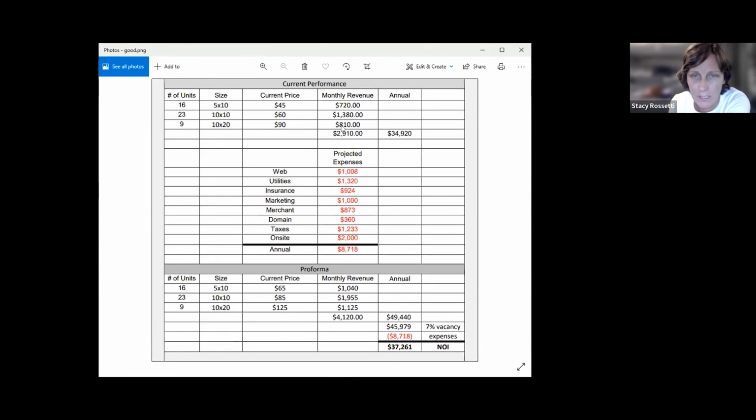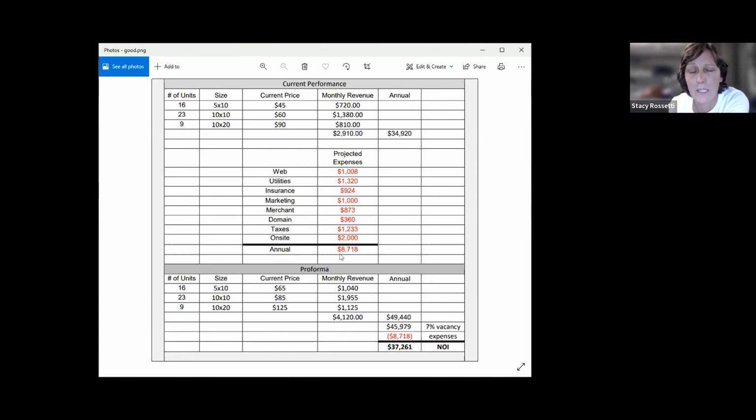Okay, so the total revenue is about $2,910. The annual is $34,920.